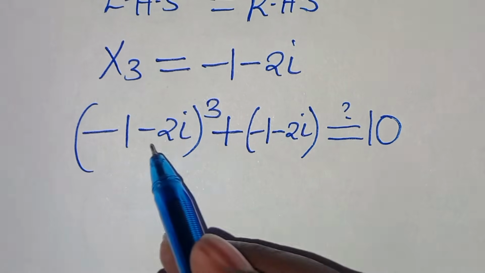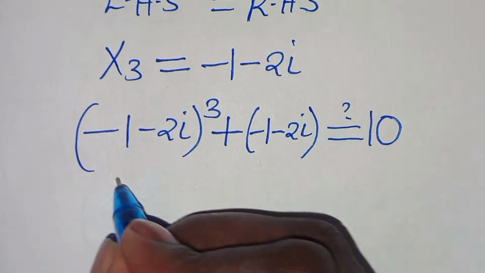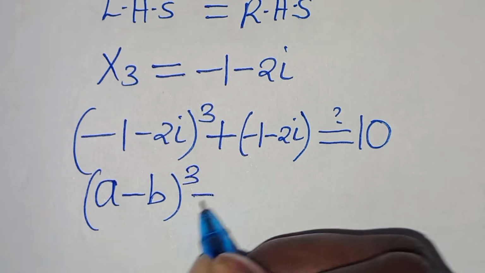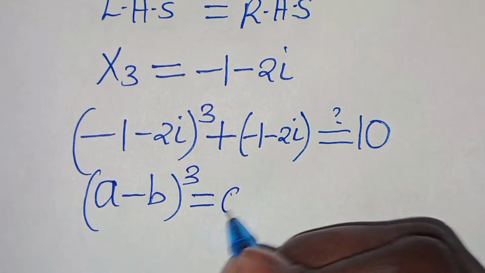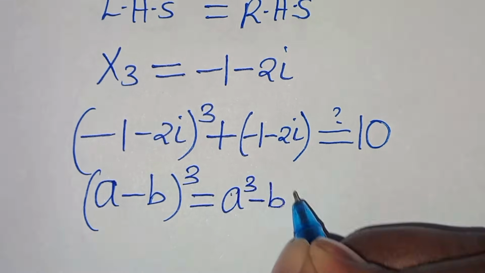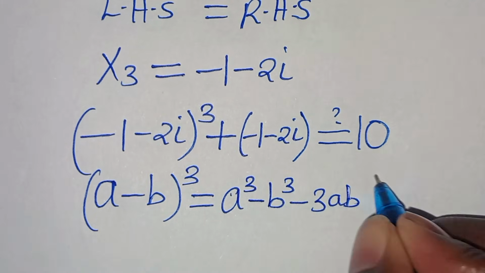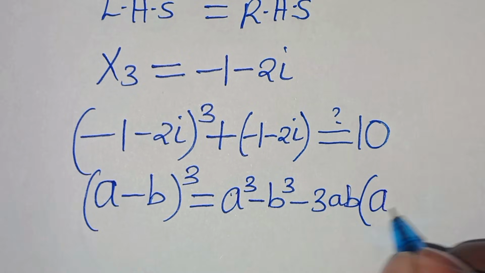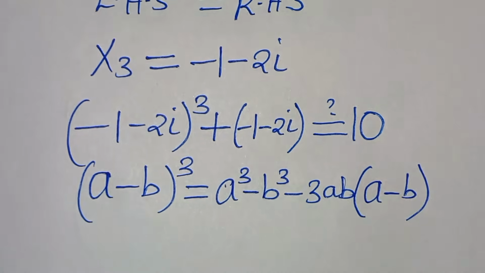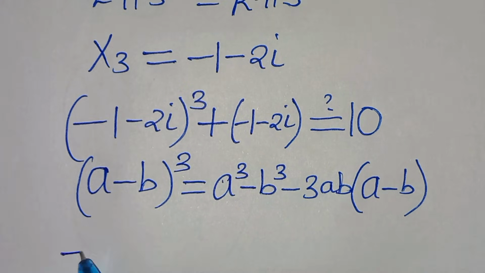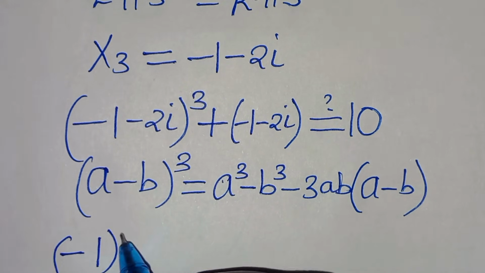Now, (-1 - 2i)^3 is in the form of (A - B) raised to the power of 3. This can be expressed as A^3 - B^3, then minus 3 times AB into the parentheses, this is A minus B. Applying this identity, here we have (-1)^3.